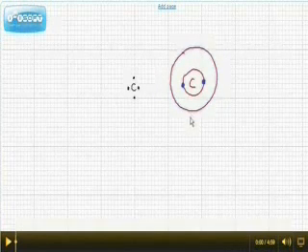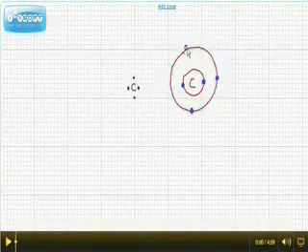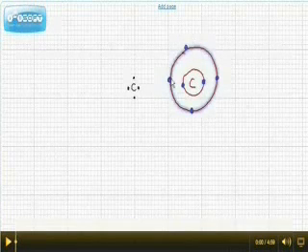The second can hold up to 6, I believe. So we draw carbon's last 4 electrons, 1, 2, 3, 4, in the second energy level. And that's basically all there is to it with carbon's valence electrons. These 4 outer electrons are going to be the electrons involved in bonding with other atoms.